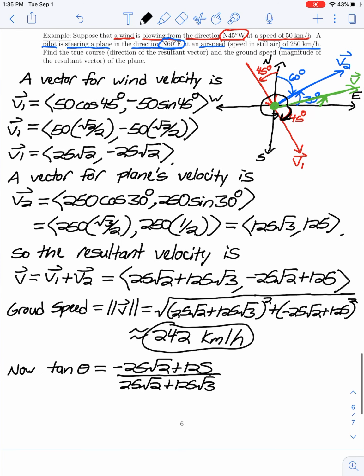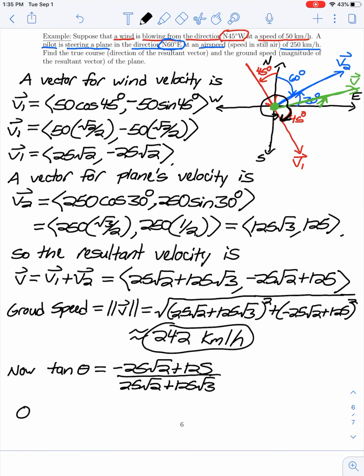So to get the angle measure of interest, theta, we would take the arctangent of this ratio, negative 25 root 2 plus 125 over 25 root 2 plus 125 root 3.